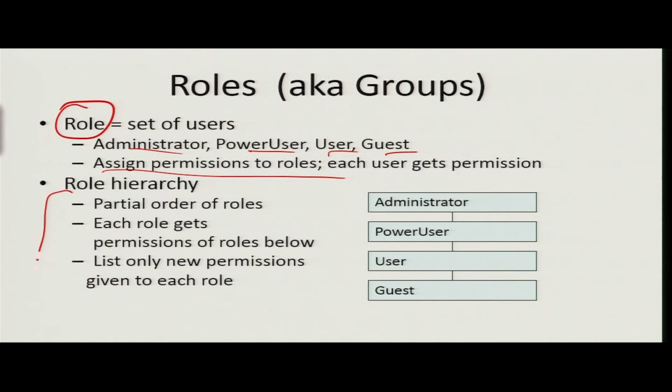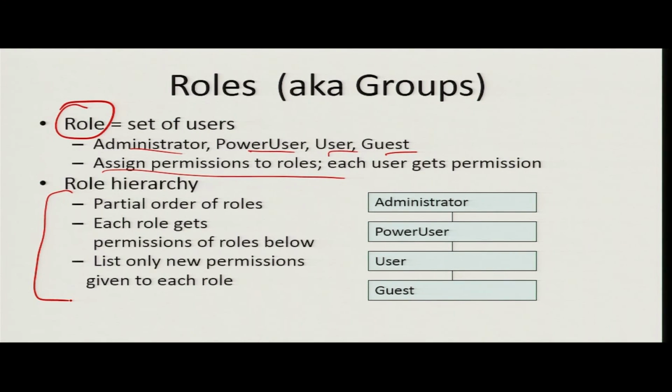And then there is role hierarchy. All these roles have a partial order, where some roles have more access rights than others, whereas some are incomparable because they may have a non-overlapping set, or an overlapping set but two incomparable sets and so on.